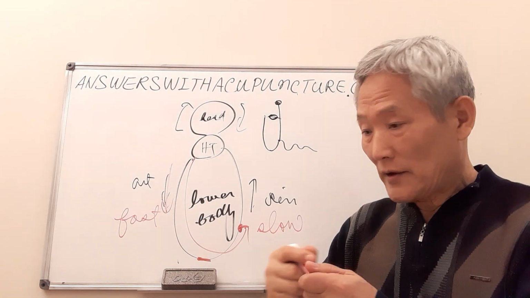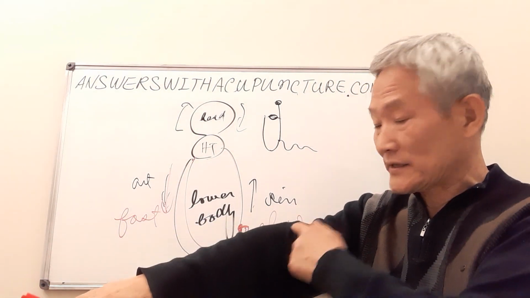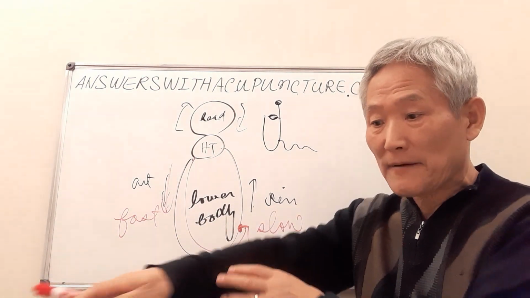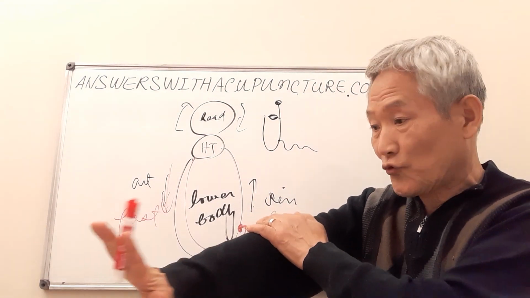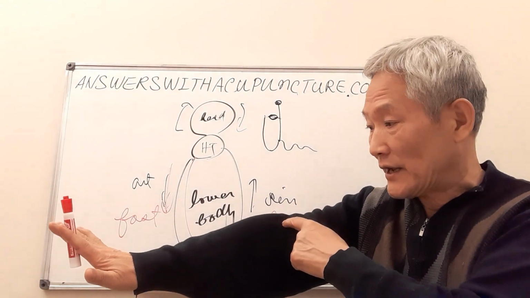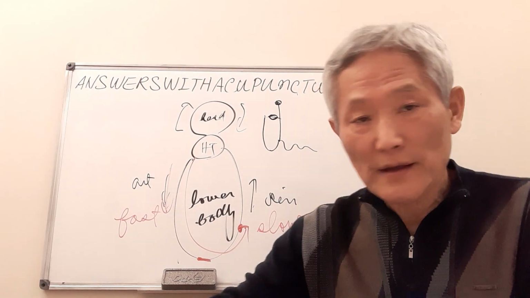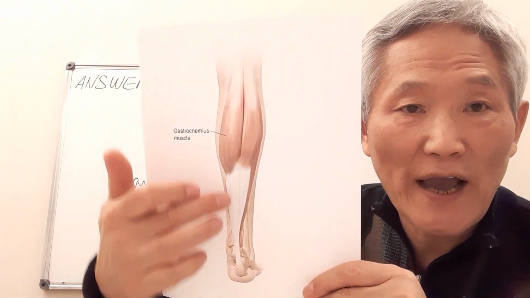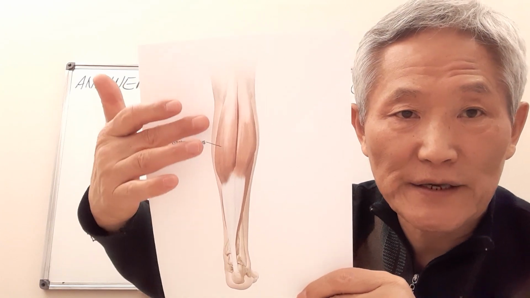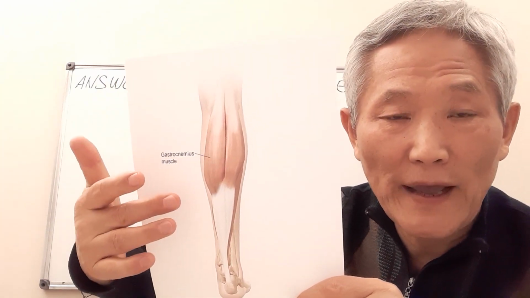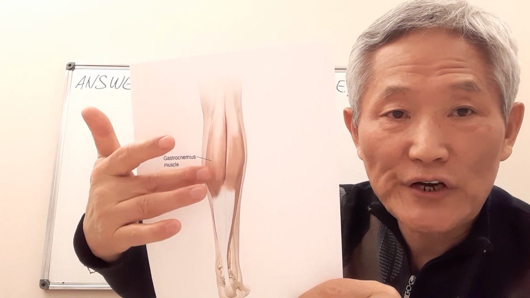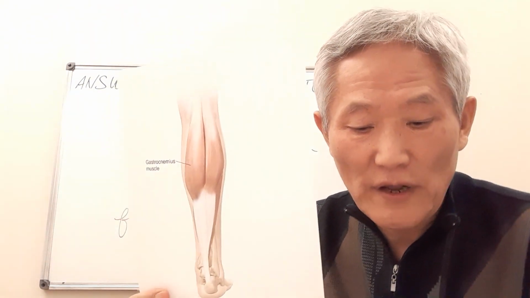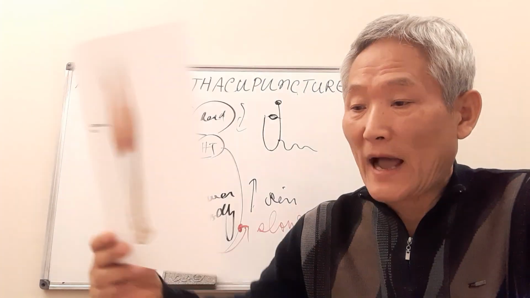Let's say this is the leg, this is the foot, and this is the knee. When you look at behind here, the calf area, here is a muscle called gastrocnemius.